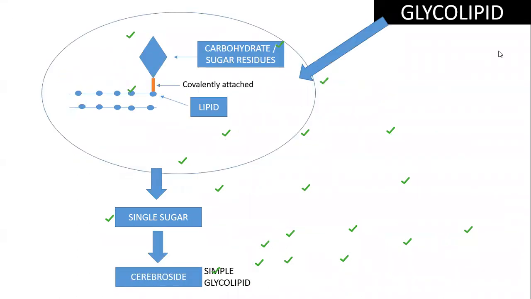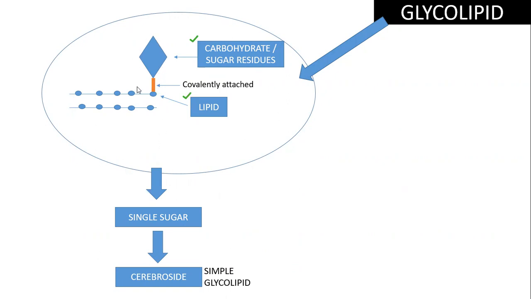Now second comes the glycolipid. What is a glycolipid? Glycolipids are molecules where carbohydrate and sugar residues are covalently attached to lipid molecules.